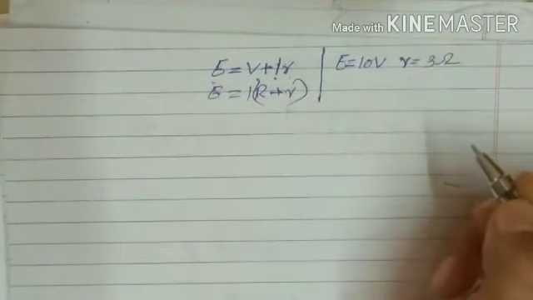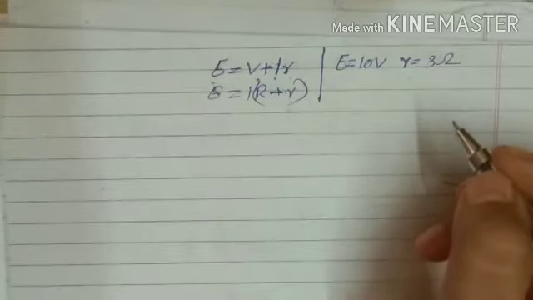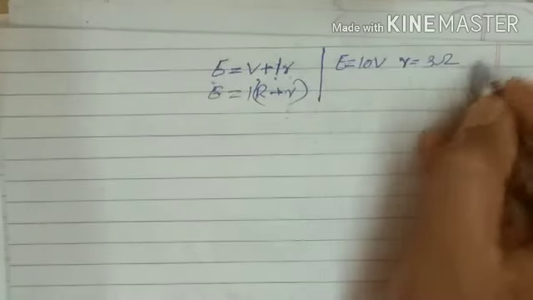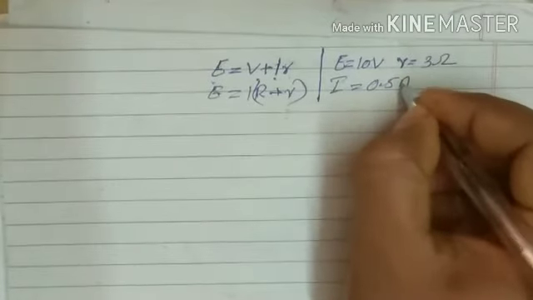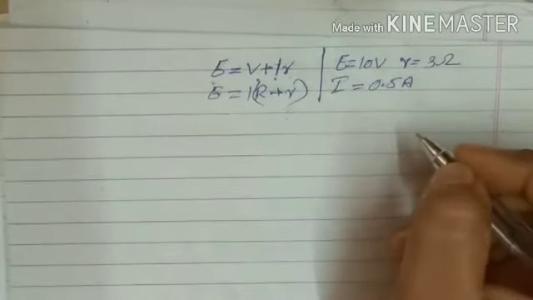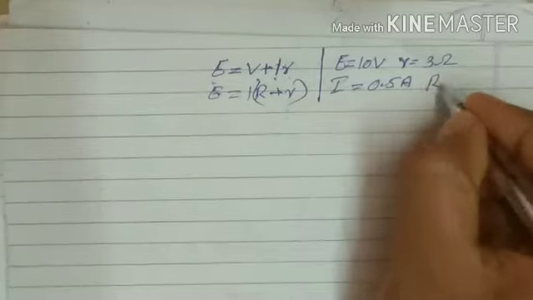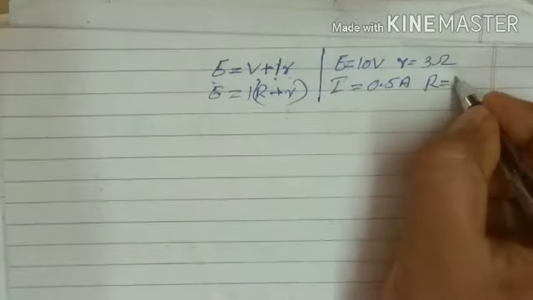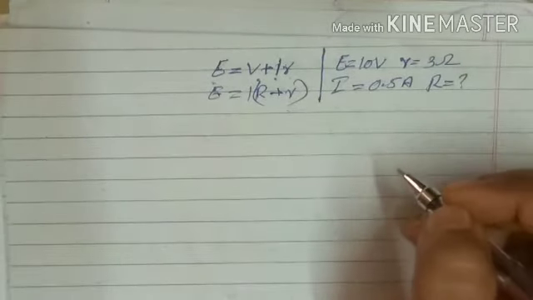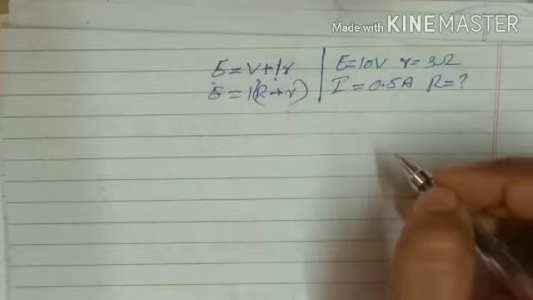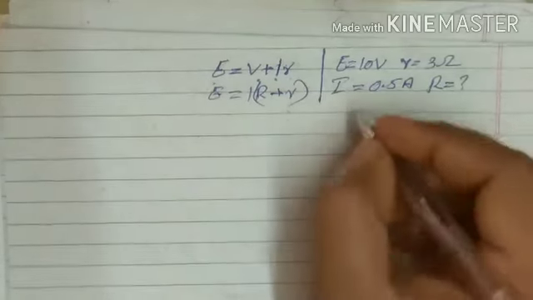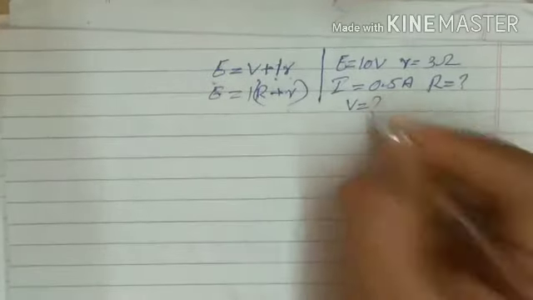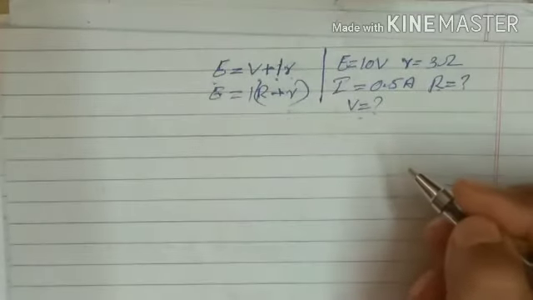If the current in the circuit is 0.5 ampere, so I is equal to 0.5 ampere. Then we are asked to find the resistance of the circuit, and also the second part, what is the terminal voltage of the battery when the circuit is closed? That is, we have to find V also. So we have to find two unknowns here.